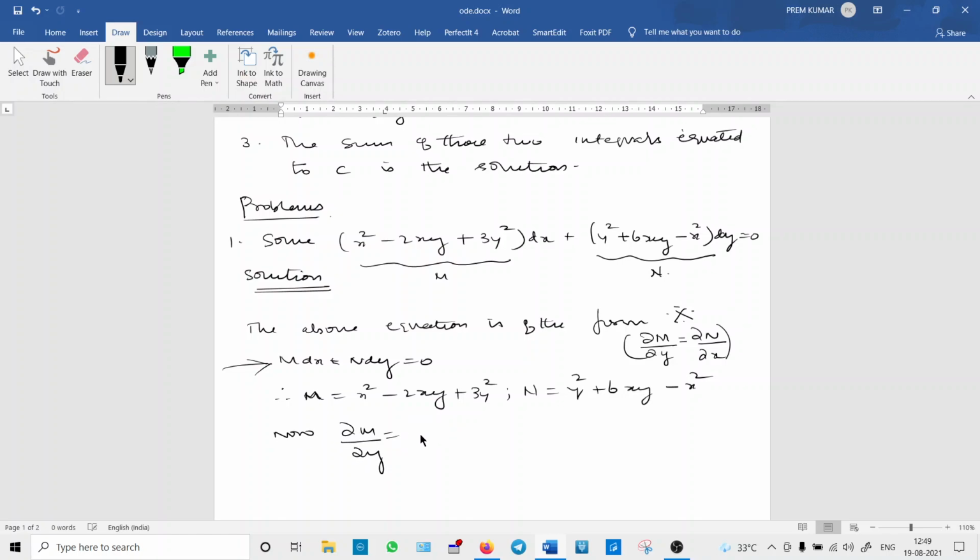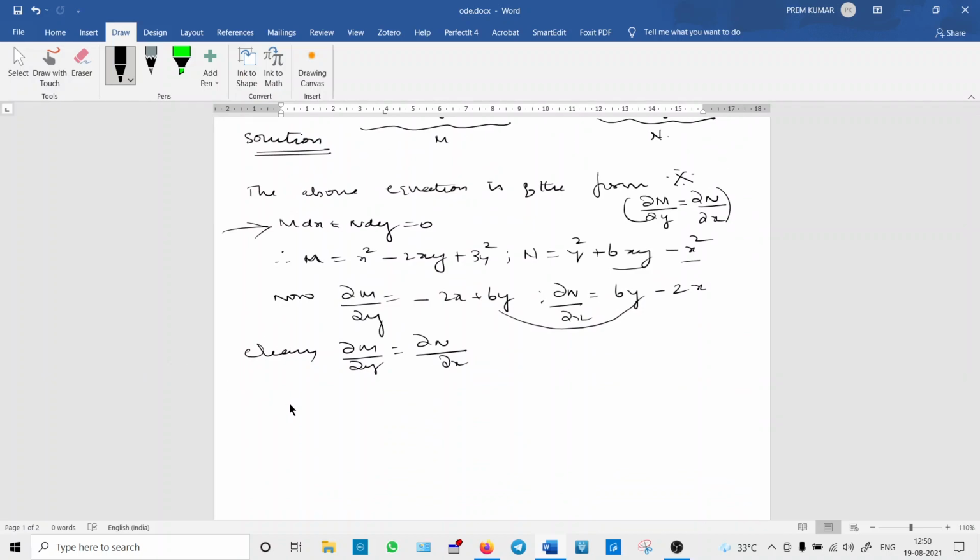Partial differentiation, so I get minus 2x plus 6y. Now what is dou N with respect to x partially? Only these two terms I can consider, 6y minus 2x. You see both are equal. Clearly dou M by dou y equals dou N by dou x.